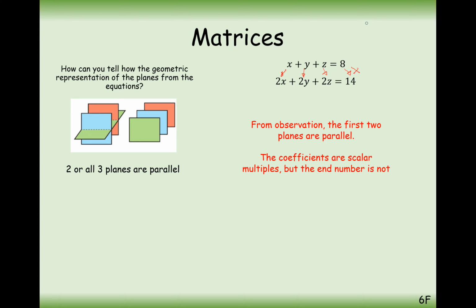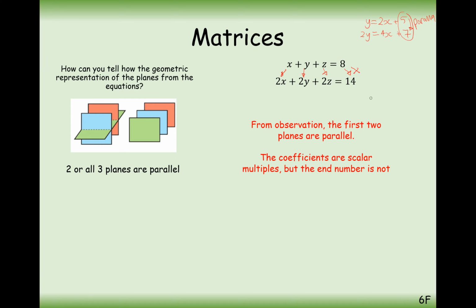It's effectively the same as if you were doing y equals 2x plus 5 and 2y equals 4x plus 7. You'll have a scale factor multiplier on your variables here, but not on the constant at the end, which means that these planes here would be parallel. Okay, these planes here are parallel, so we can tell that it's not going to intersect at any point.